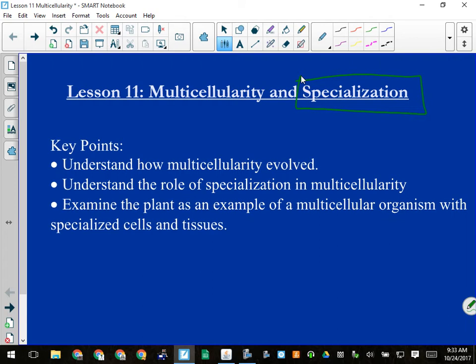Now we're also going to look at how multicellularity evolved, and we're going to take a little bit of time to talk about how what you learn in religion class isn't any different than what I'm going to teach you. The whole creation idea is totally scientifically supportable, as long as you don't take the scripture literally, which of course it is never meant to be taken.